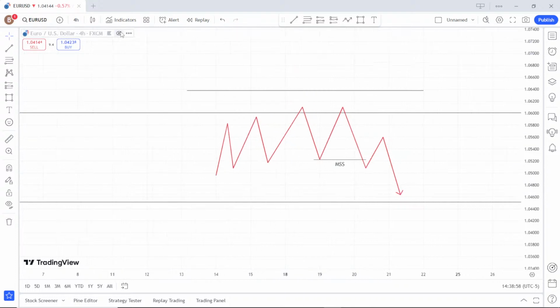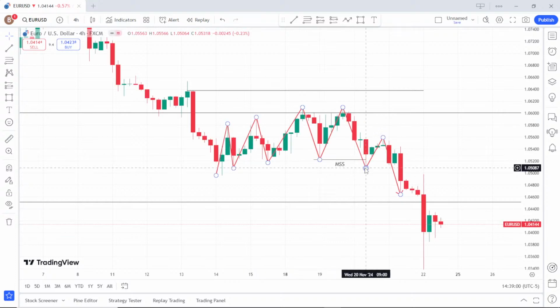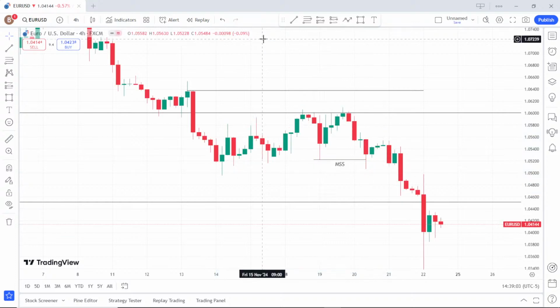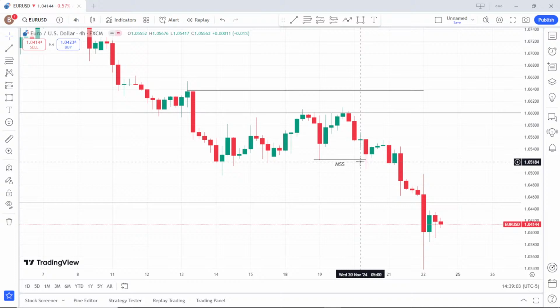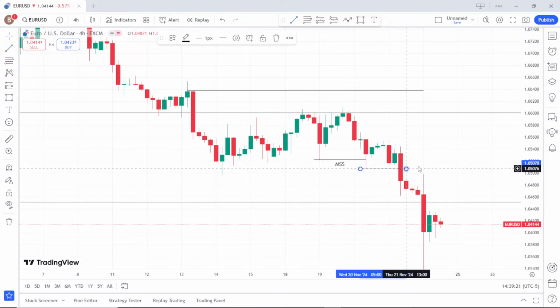With that being said, that is exactly how it played out. After this market structure shift, they made a slight retracement, then started going down more, gravitating down. This first becomes a liquidity target I'll look out for.